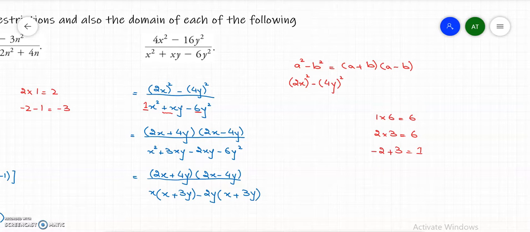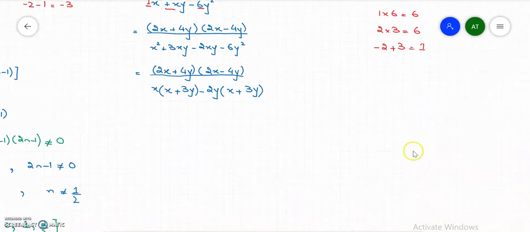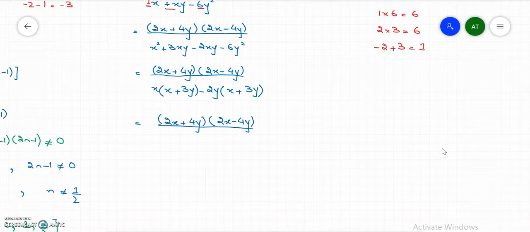Okay, so in the next step, let me combine the factors. So it would be 2x plus 4y and 2x minus 4y, and the denominator after combining the factors, we have x plus 3y and we have x minus 2y.